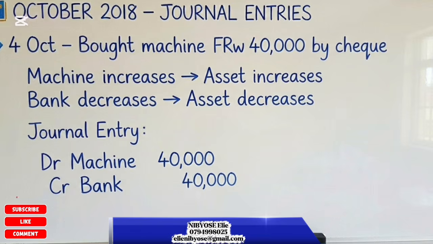We are also going to debit the machine as an asset, because an asset increases when debited. So we debit the machine account by 40,000, and also we credit the bank account by 40,000, because the bank account is an asset, but here it is decreasing, and an asset decreases when it is credited.